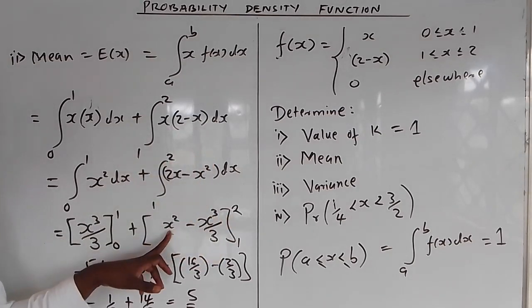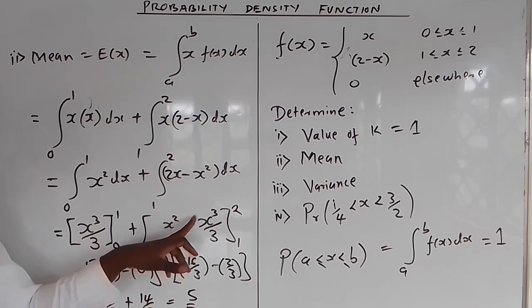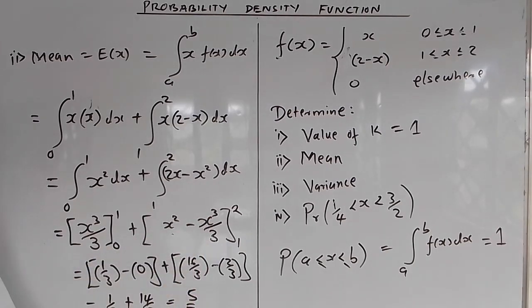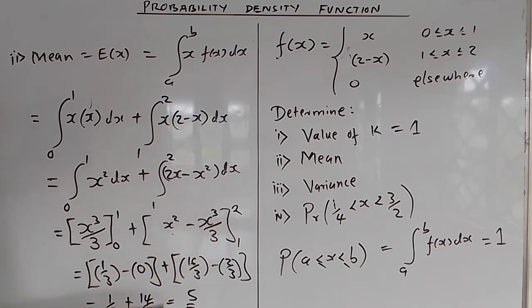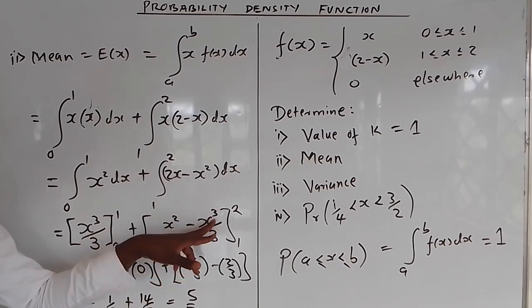So when x is 2, you get 4 minus 8 over 3, isn't it? 4 minus 8 over 3 as a proper fraction is 4 over 3.